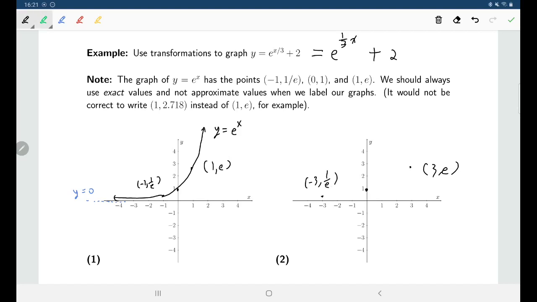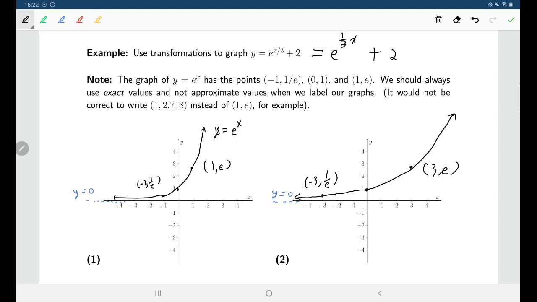The horizontal asymptote won't have moved because, of course, if you're stretching things horizontally, the horizontal asymptote will stay where it is. It would only be a vertical shift. If we shifted things up or down, that would move a horizontal line. But we haven't shifted anything up or down yet.